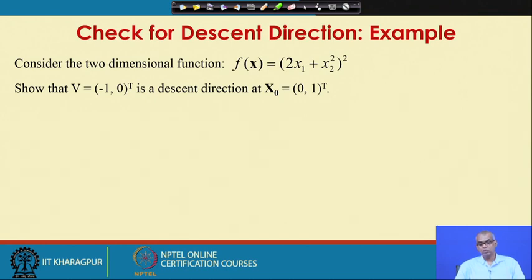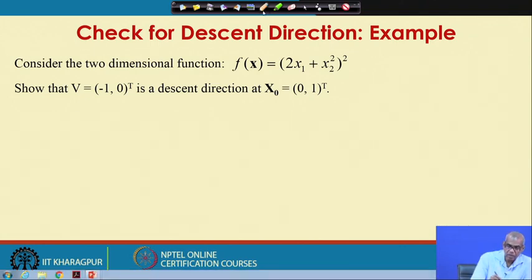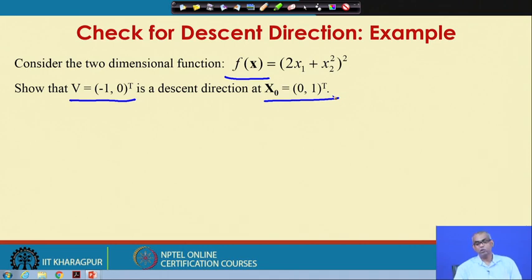So, we have to find if the direction minus 1, 0 is the descent direction for the function f at x 0 equal to 0, 1. That is the question.